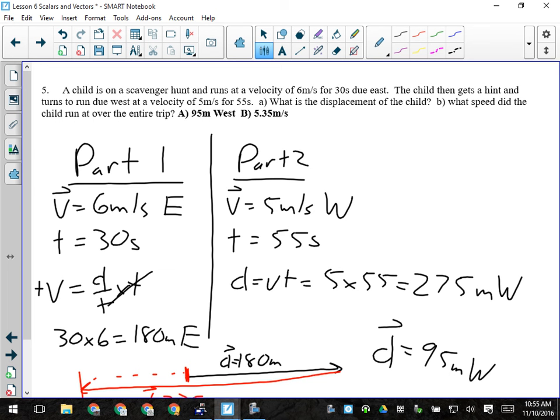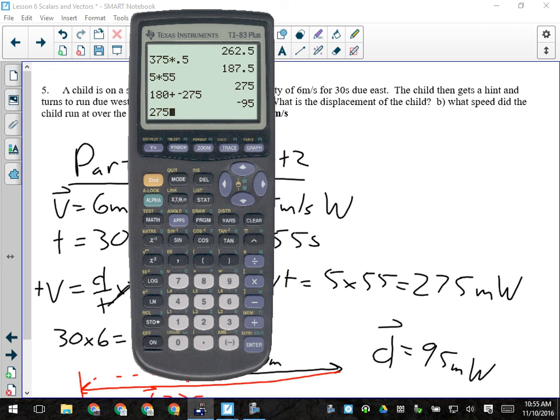To get total distance, I add them together. And then the total time will be 85 seconds because 30 plus 55. So we'll have our 275 plus 180, and then we'll divide that by 85 seconds because that was the total time. Average speed 5.4 meters per second.